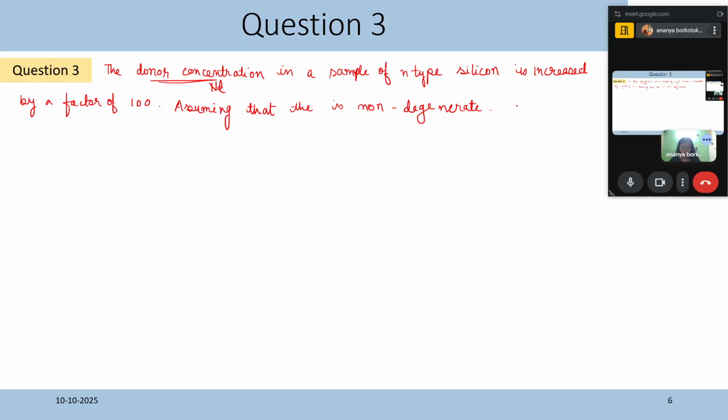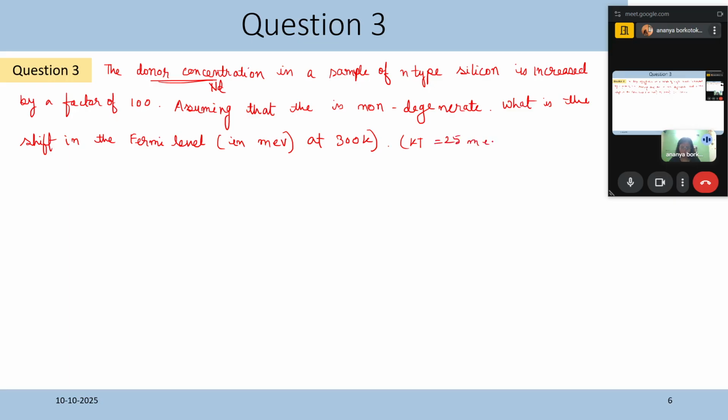What is the shift in Fermi level? Write it in milli electron volt at 300 Kelvin, given that kT is equal to 25 milli electron volt at 300 Kelvin.